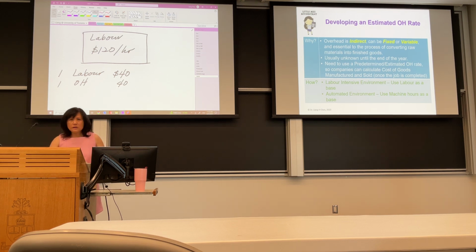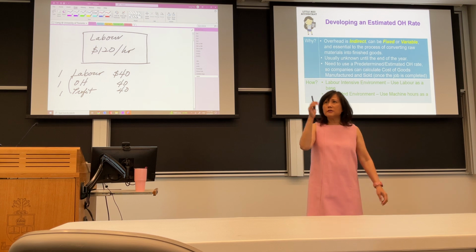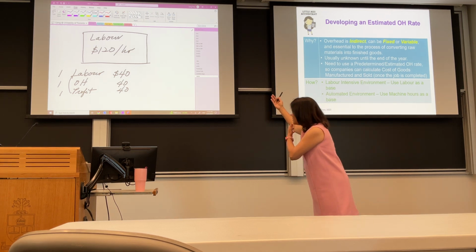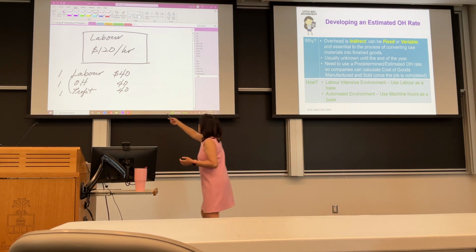Okay, but what else can I charge? How about profit? You have to charge profit. I add profit, $40. So profit is also based on labor, $40. So if you estimate it wrong, you're supposed to charge $60, you only charge $40, then you're eating into your profit.